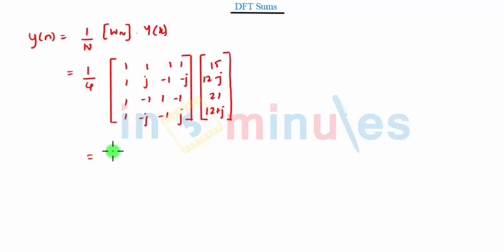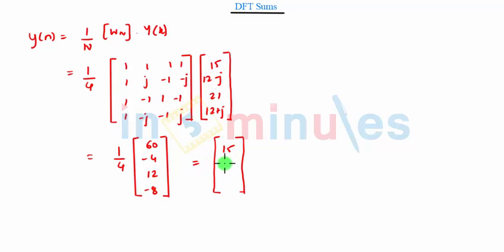So finally the answer comes out to be 1 by 4, 60 minus 4, 12 minus 8, that is 15 minus 1, 3 minus 2.